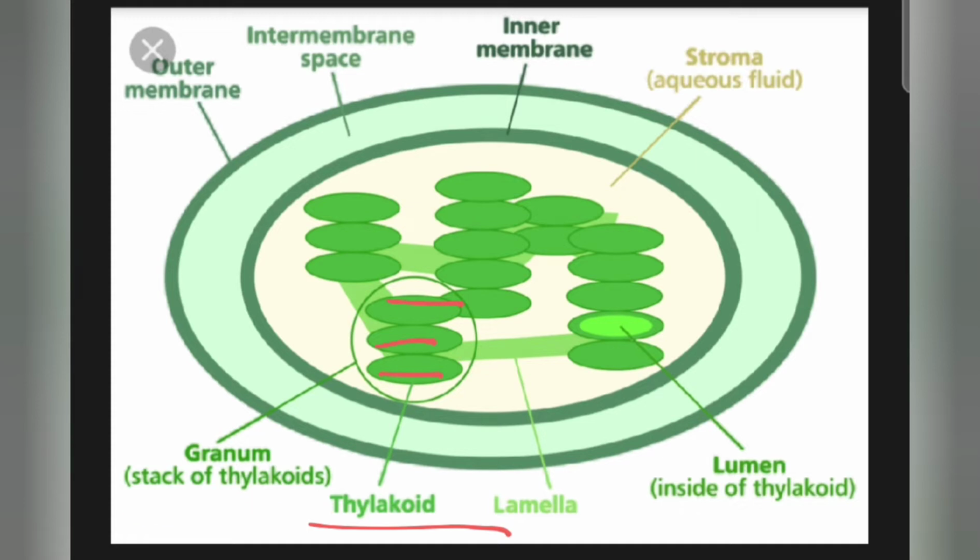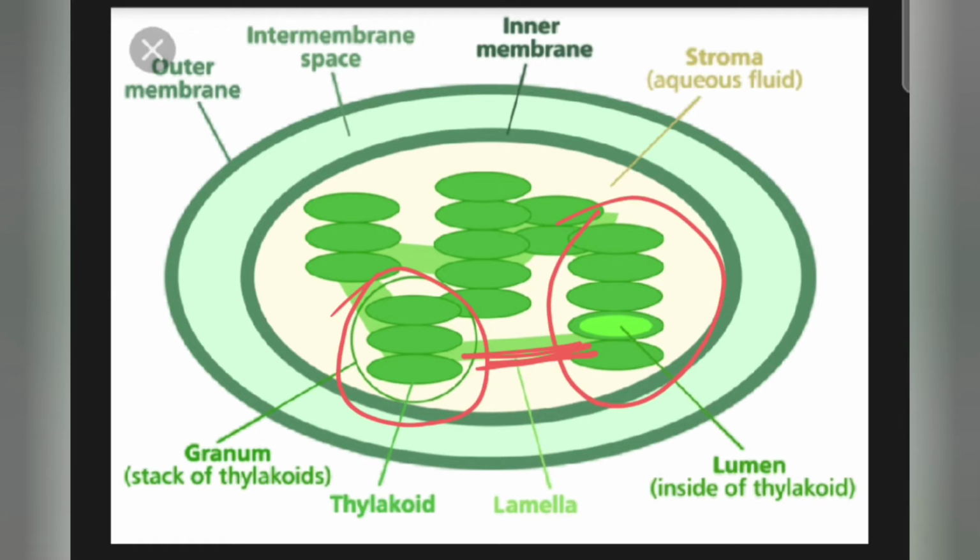Now after thylakoid and grana, let's talk about the interconnection. As you can see, this is one grana and this is another grana, so these two are interconnected by this bridge. This bridge is known as stroma lamellae or stroma lamella. It is only written as lamella here. You can also call it stroma lamella since the lamella is present on the stroma.